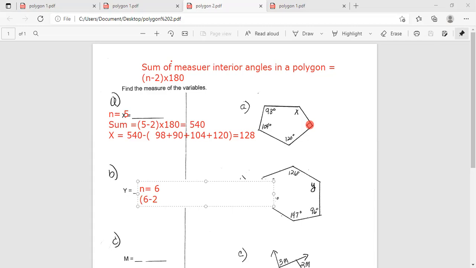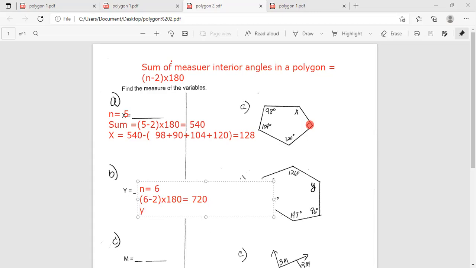So it will be 6 minus 2 times 180. So the answer will be how many, grade 7? It will be 720.